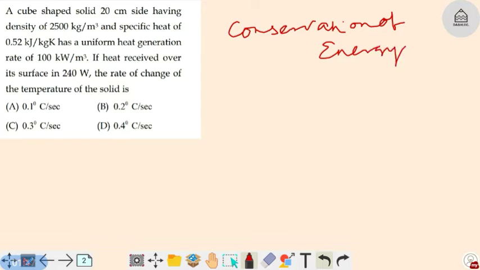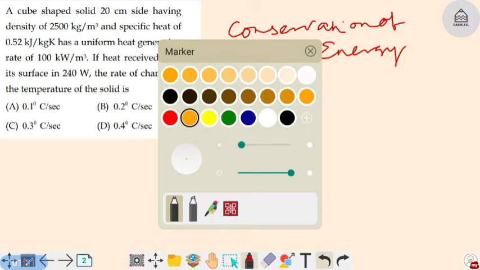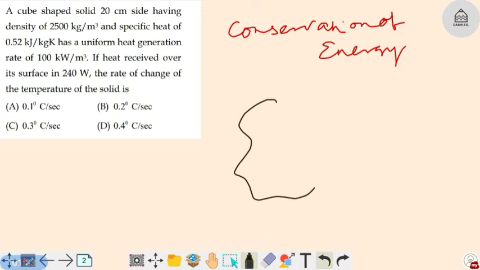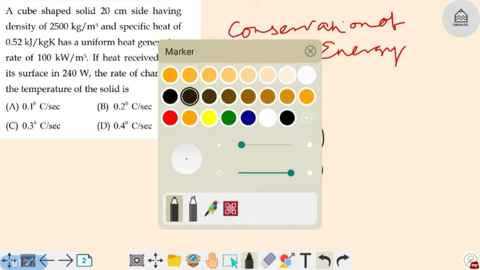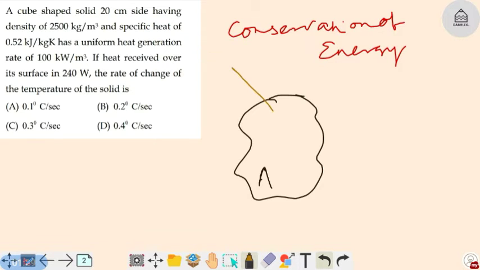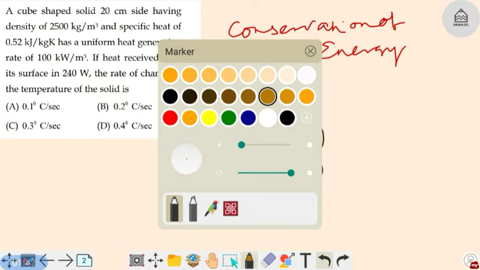So what is conservation of energy? Let's suppose this is any body A. Some heat is coming to it, that is energy in. We're talking in rate, so E dot in.